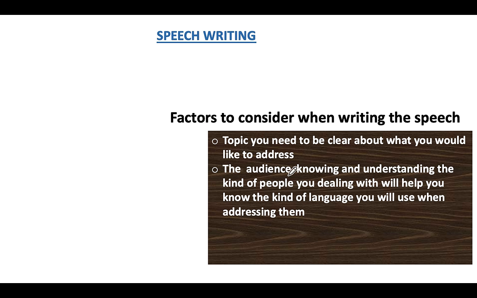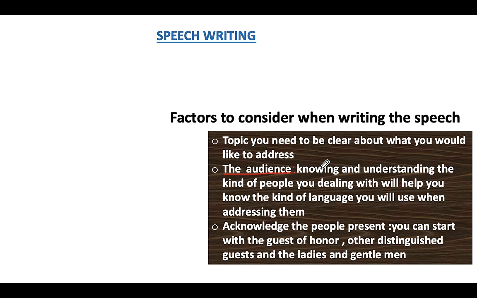So when you are addressing the audience, you should know and understand the kind of people, because the speech can be given to children, it can be given on exciting moments, or to people who are at a celebration, or sometimes the speech can be given to a group of dignitaries, people with high ranks in government and so forth, or visitors. So we have to be mindful when delivering the speech.